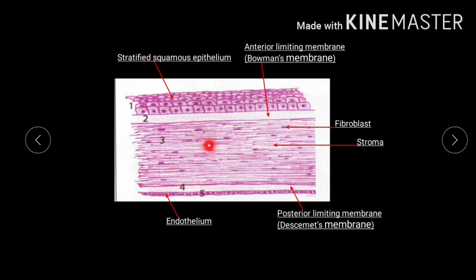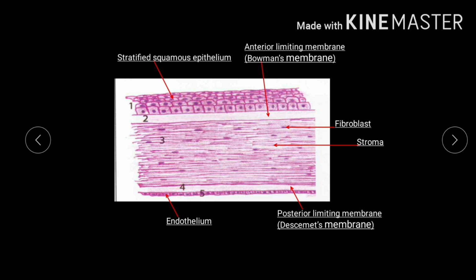The third layer, occupying approximately 90% of the thickness of the cornea, is known as the corneal stroma or the substantia propria. There is an arrangement of lamellae within this layer, containing type 1 collagen fibers as well as ground substance. Within each lamella the collagen fibers are parallel to each other.